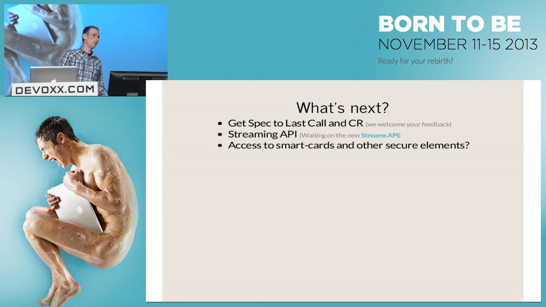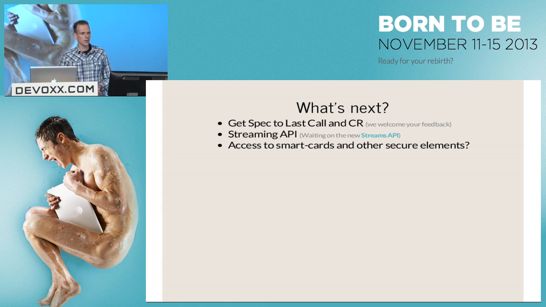Another thing that the company I work for, and some other people, are really interested in is being able to access smart cards or other secure elements to sign or encrypt documents, especially in Belgium, where you have a Belgian electronic ID, which is a smart card.